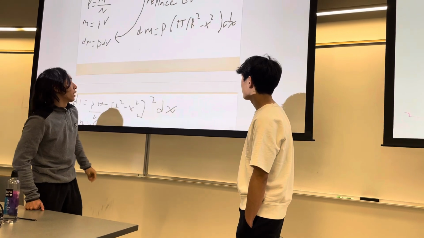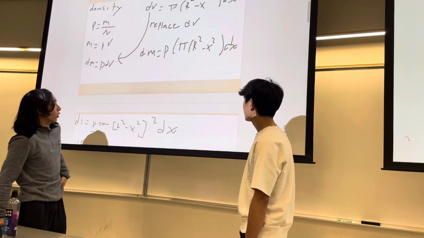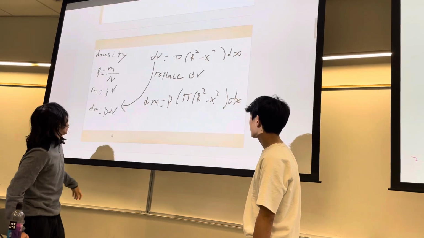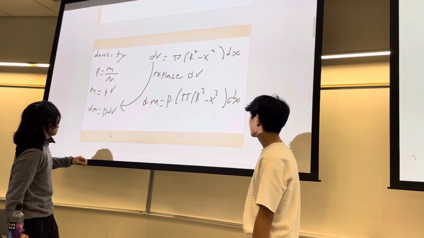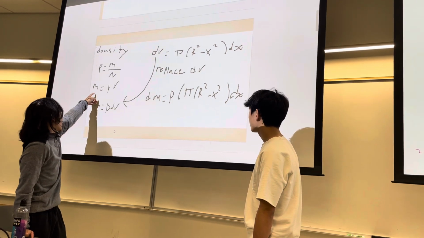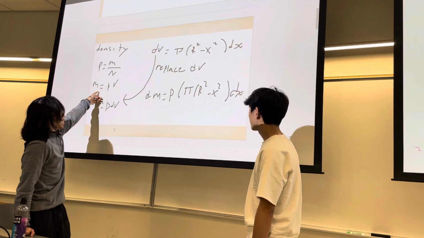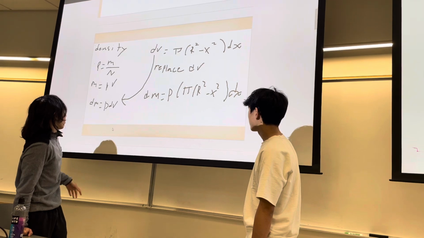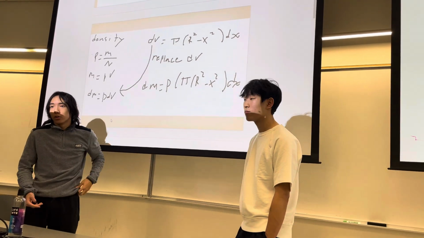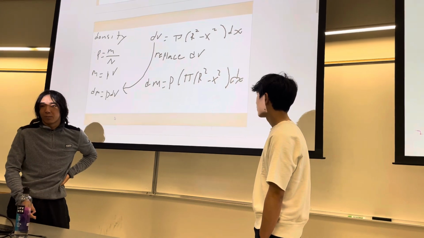From there, we have to use density because we're trying to get the moment of inertia. Let's go up a bit. So we have rho equals mass over volume. Then we can rearrange that to get mass equals rho times volume. We need the mass because if anyone knows the original inertia equation, mass is a factor of it.